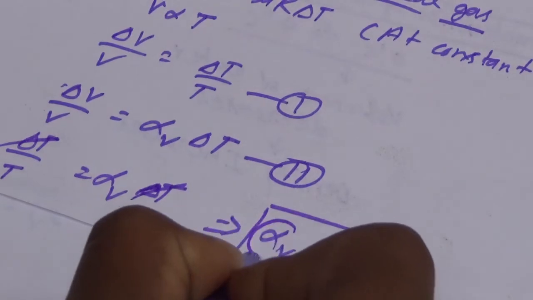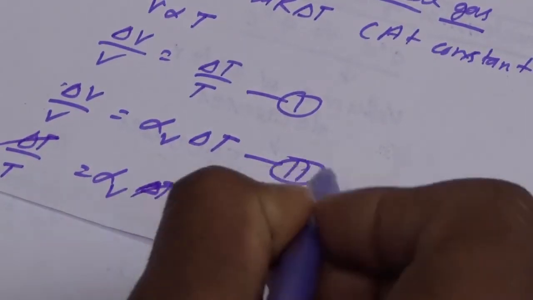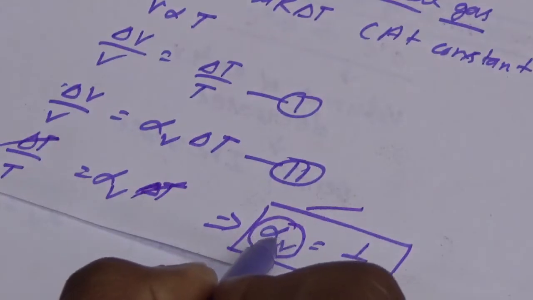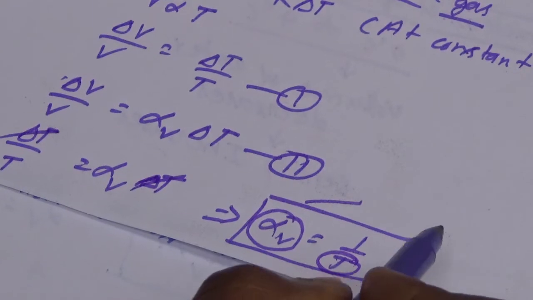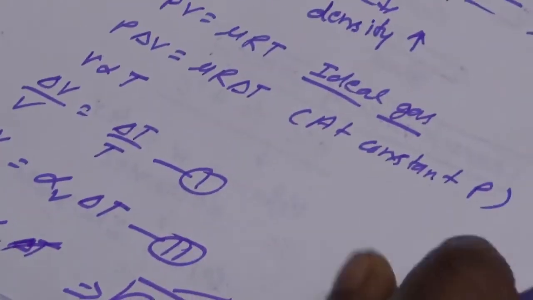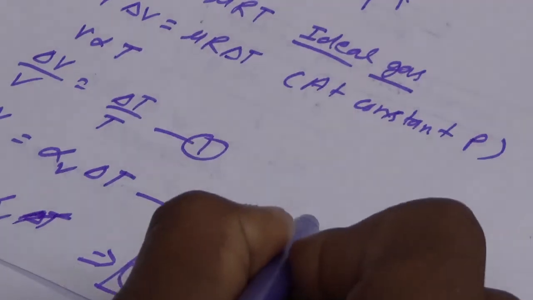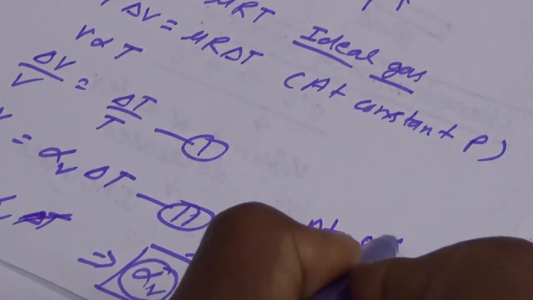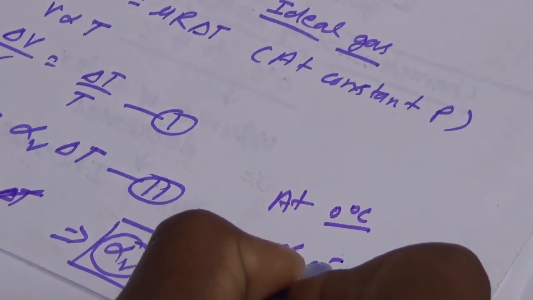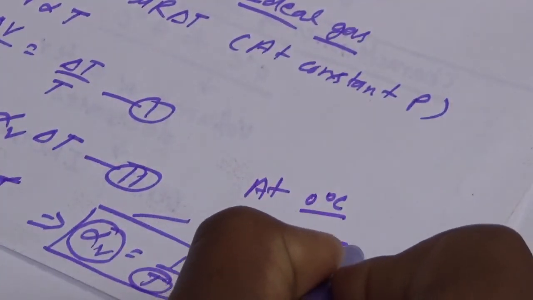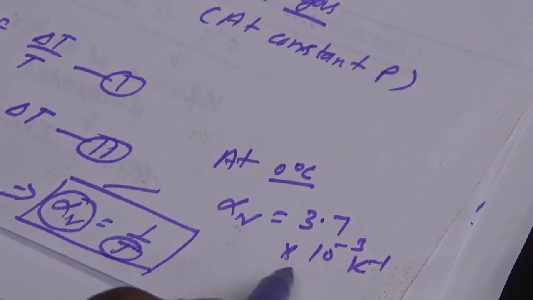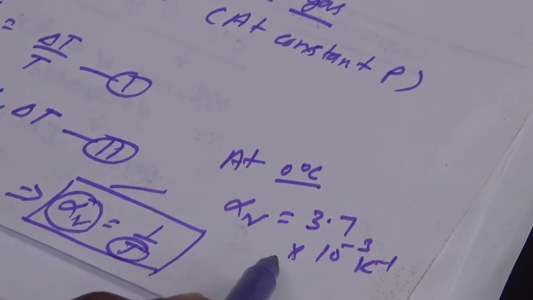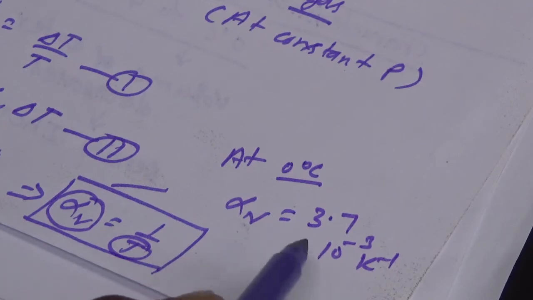Here we can see that for an ideal gas, volume expansion is inversely proportional to temperature. It means that at 0 degree Celsius, alpha V is equal to 3.7 into 10 power minus 3 per Kelvin, which is much larger than that for solids and liquids.